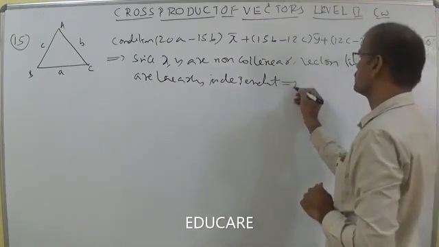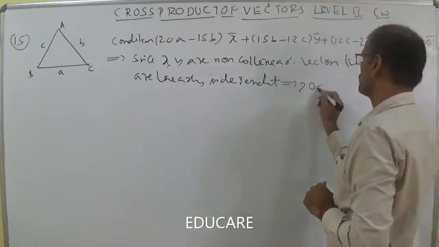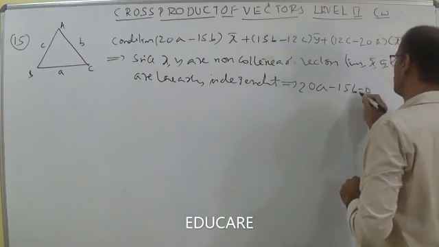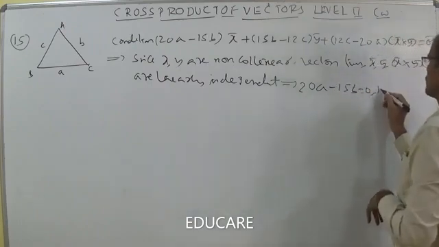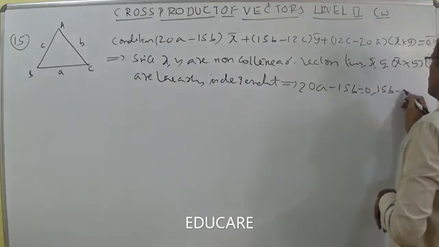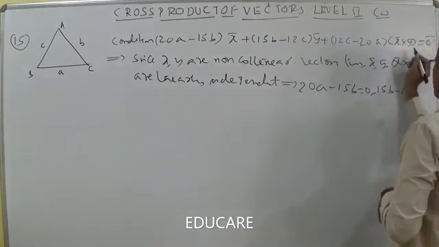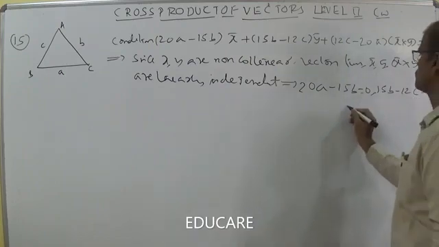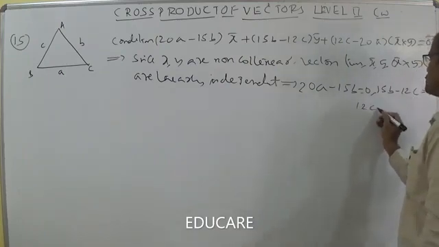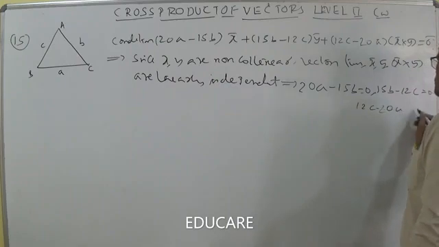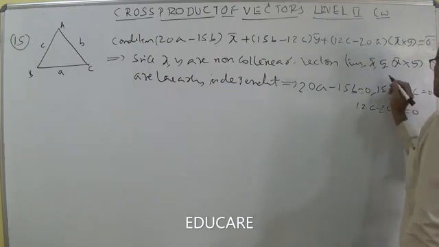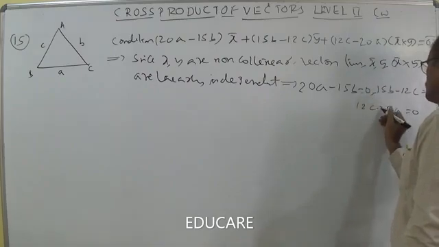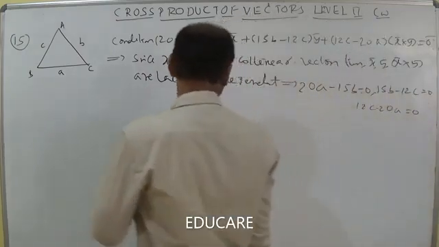That implies you can write 20a minus 15b equal to 0, 15b minus 12c equal to 0, and 12c minus 20a equal to 0. So the linear combination is 0 because of linear independence.